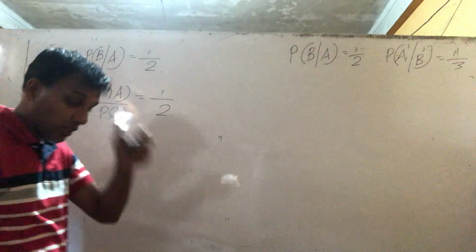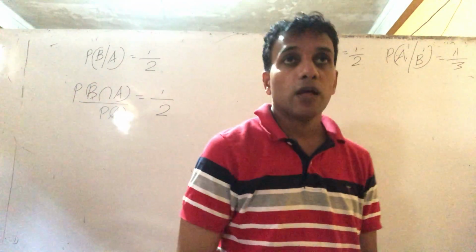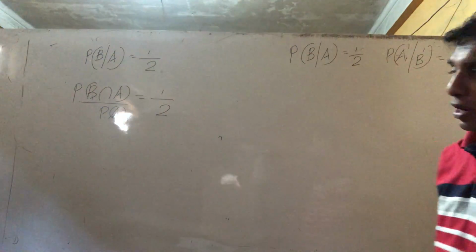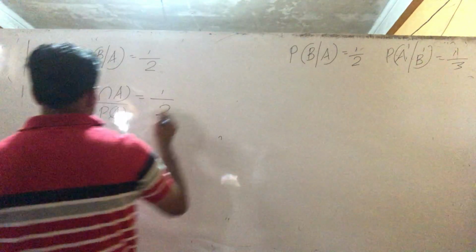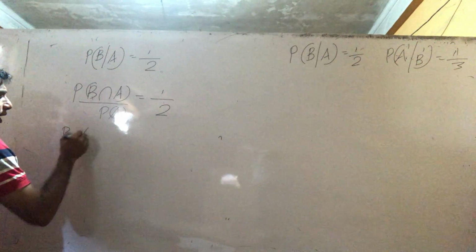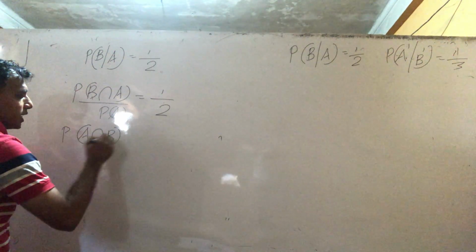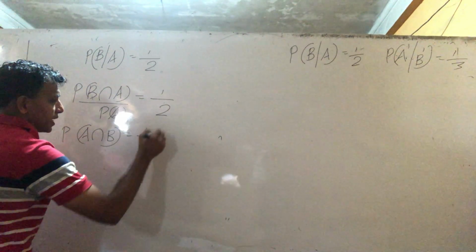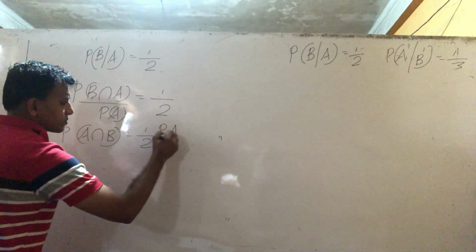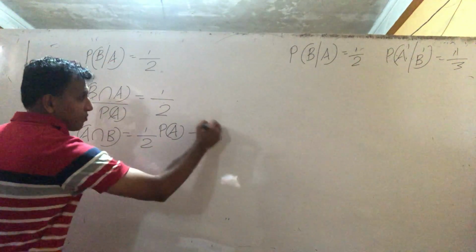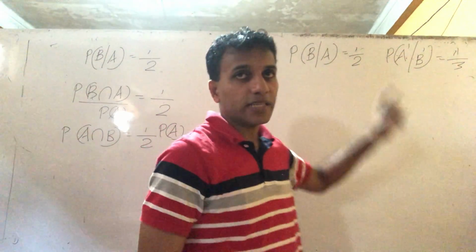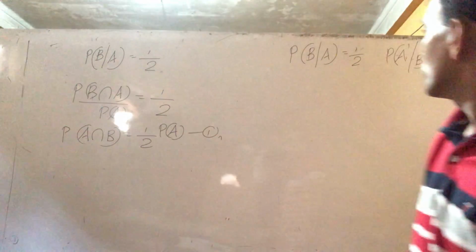That's the definition of conditional probability. If you cross multiply, I can say probability of A intersect B equals half times PA, right? For the first data, this is the model you can take.